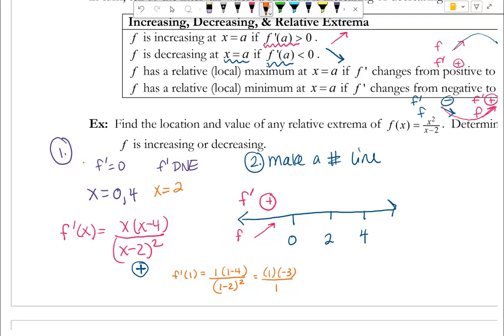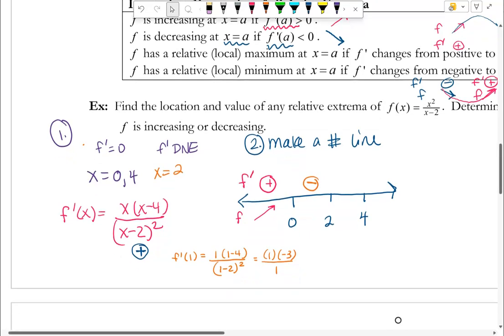So my derivative between 0 and 2 is always going to be negative. It's not always going to be negative 3, but I know that my derivative won't have another sign change there between 0 and 2 because f prime isn't 0 anywhere between 0 and 2. All right, so I know if my derivative is negative there, my function f is decreasing.